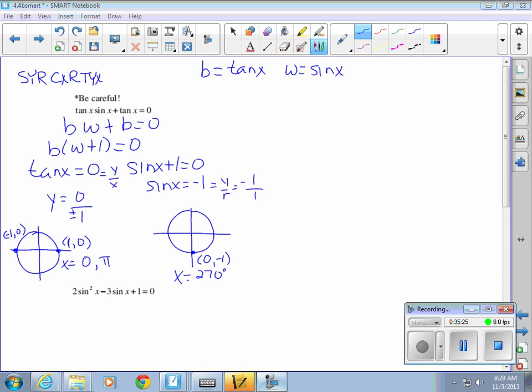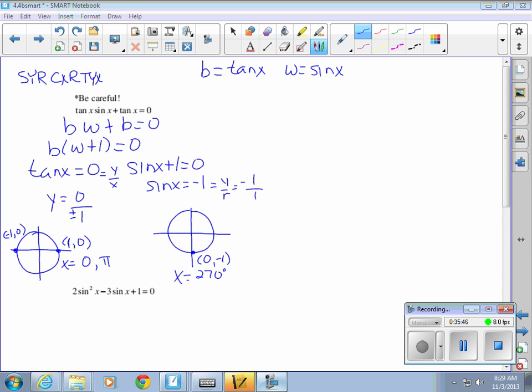So sine of x is equal to 270. So I have to see if this will work with both of my solutions. So 0 and pi will work in here. I can find sine of 0, I have a value for that, and I can do sine of pi, that'll work out.